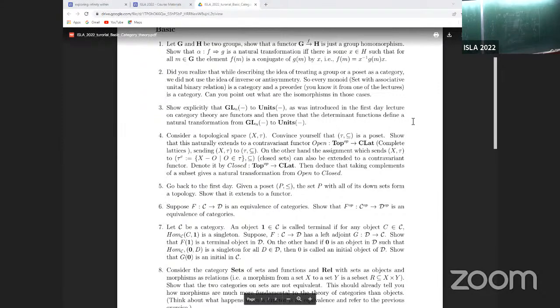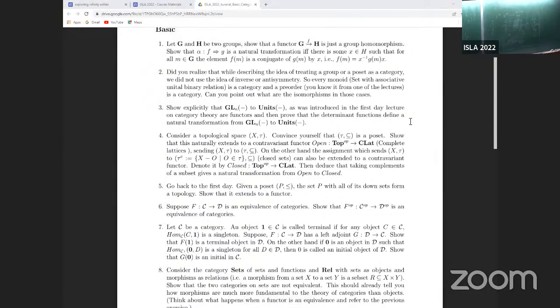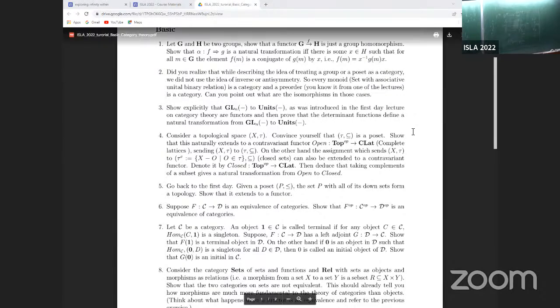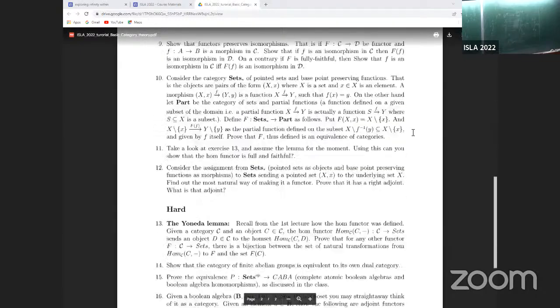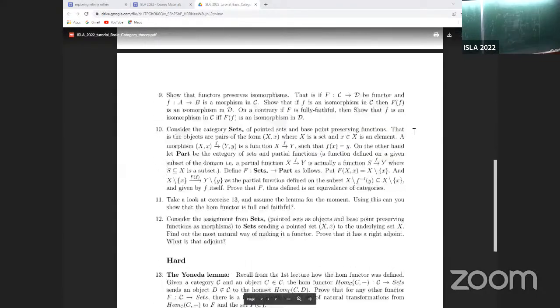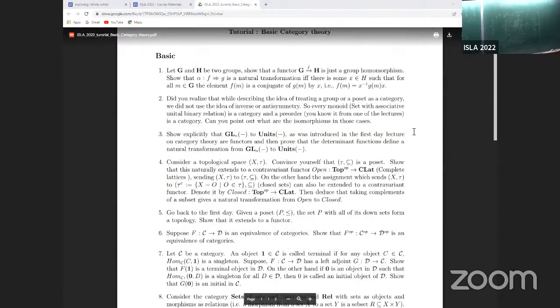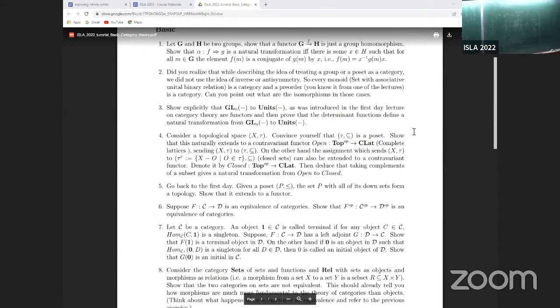Okay, I hear that, but to understand this question, first of all, you have to tell me what categories I am concerned about. Problem 14 was to show that the category of finite abelian groups is equivalent to its own dual. So there are two sides.